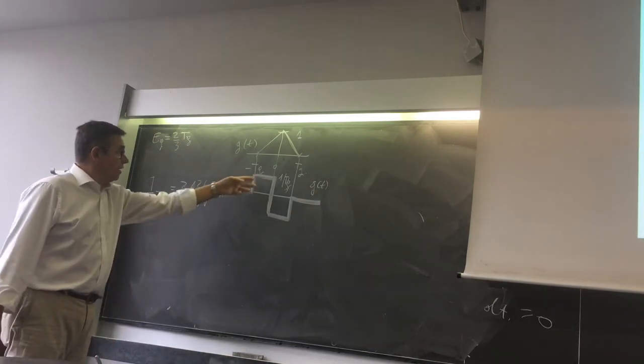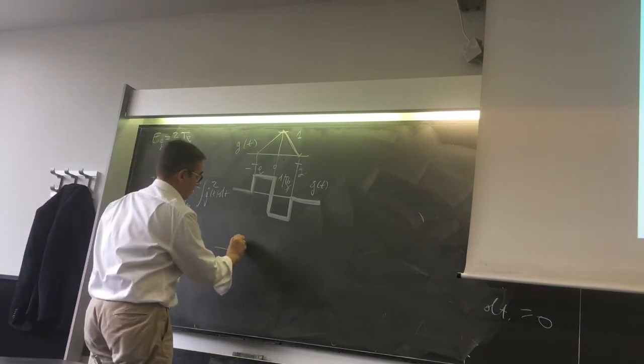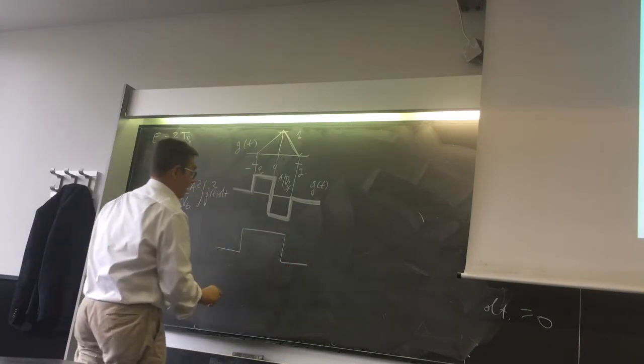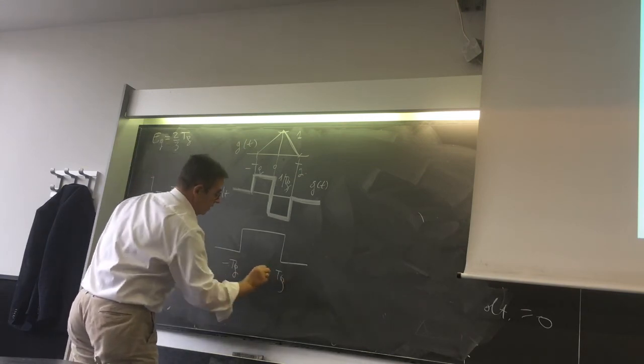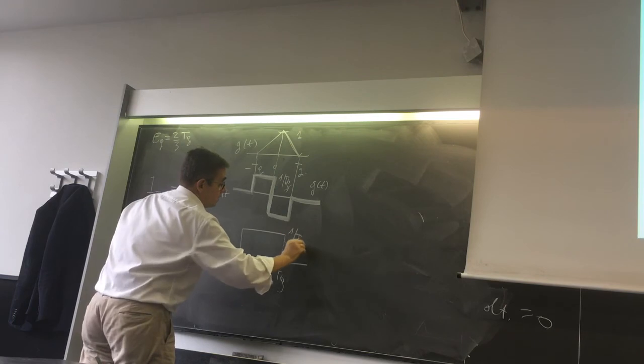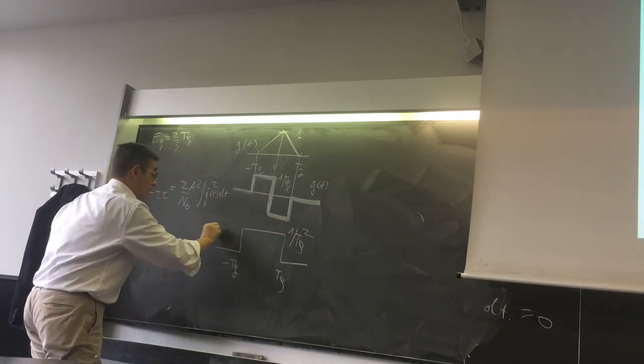So I need to compute the square for that. The square is simply, from minus tg to tg, 1 over tg squared. This is g prime of t squared.